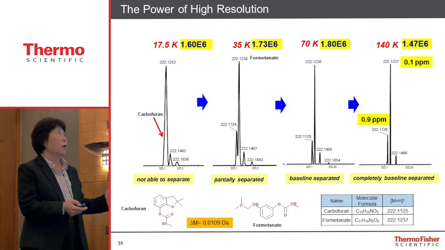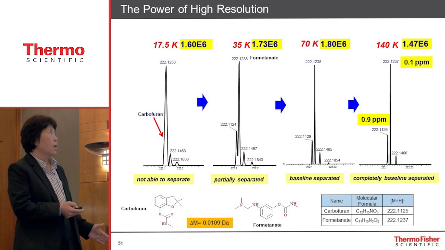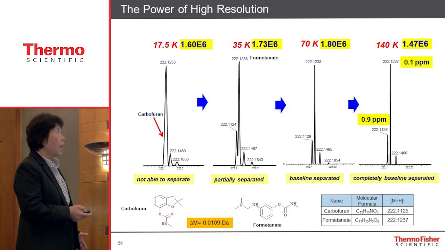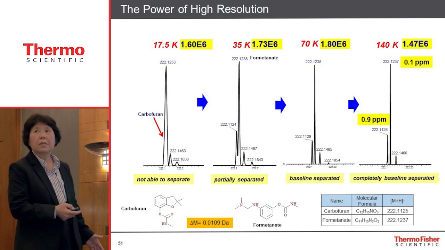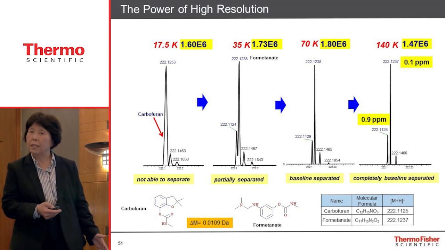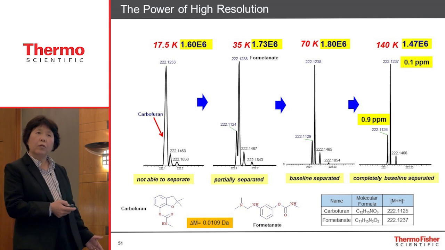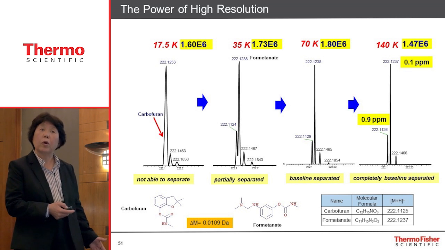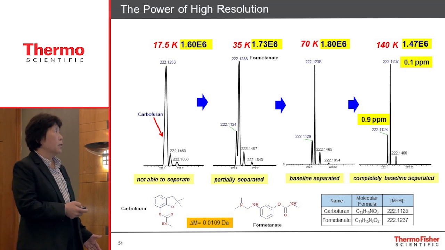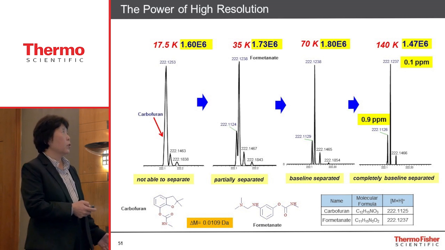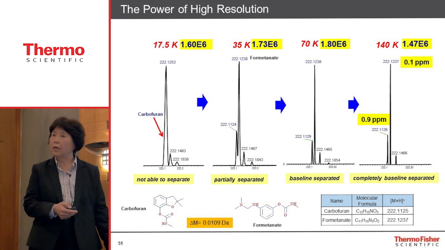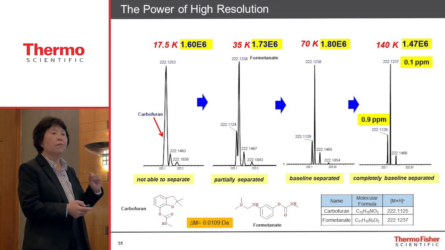At 140,000 resolution, they are completely baseline separated, also with sub-ppm accuracy. On top of that, you didn't sacrifice any intensity, which is very important when you do high-resolution quantitation, right? By the way, this was acquired on the Exactive. We call Exactive a Quanfirmation machine, right? You can do high-resolution quantitation very easily.